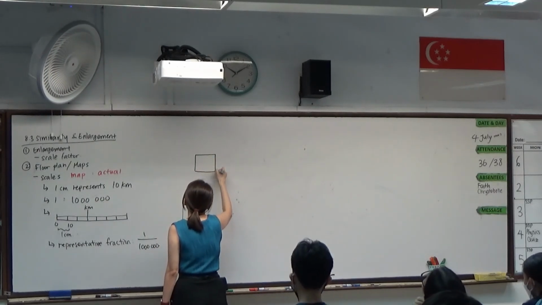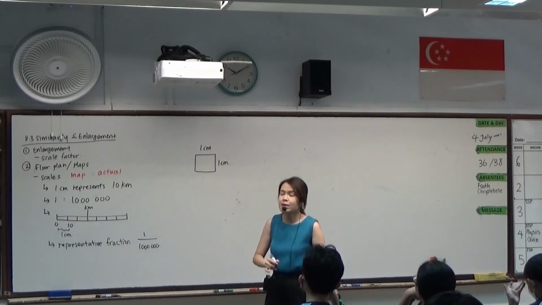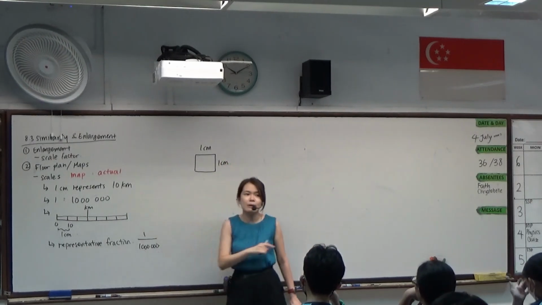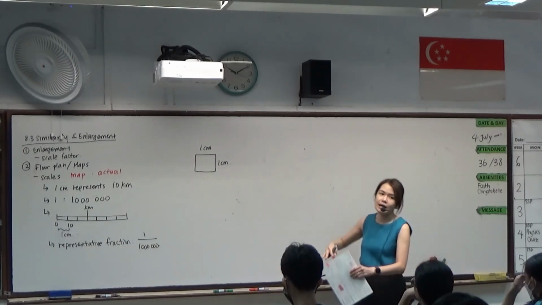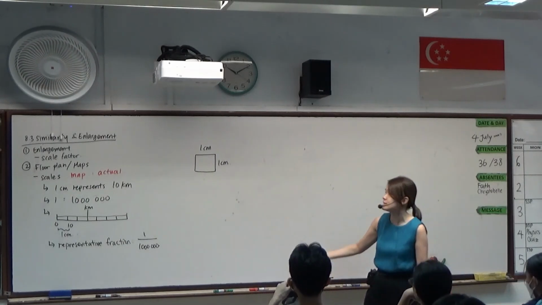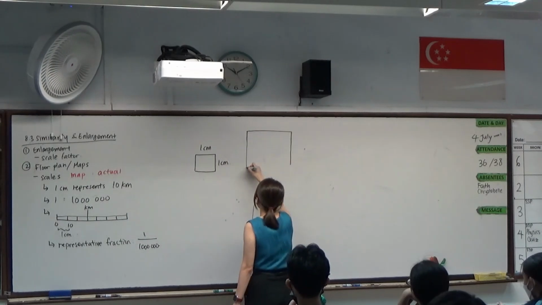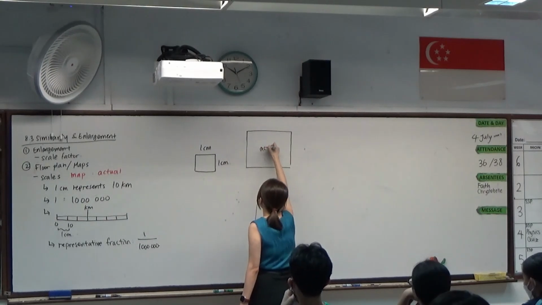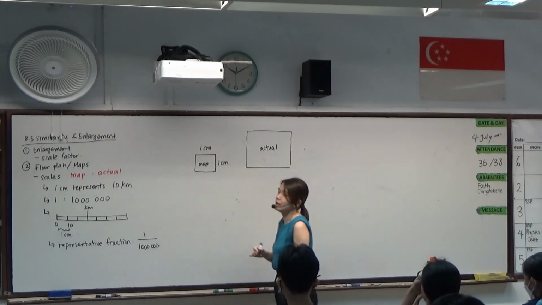Let's say I have a 1 cm by 1 cm square, and I am using a scale of 1 cm representing 10 kilometers. Sorry, I cannot draw a 10 kilometer square, but let's imagine this to be the actual. This is what appears on the map, 1 cm by 1 cm.